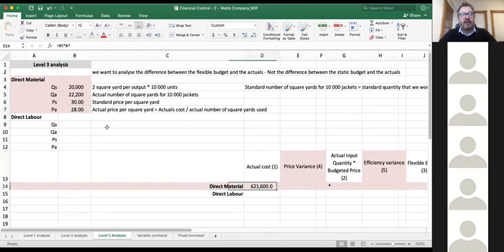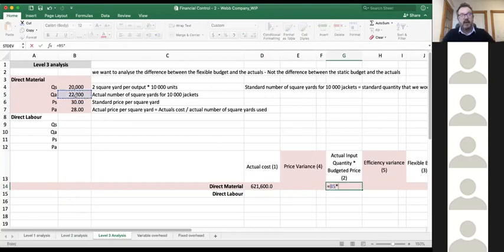Okay, so now I go here. So what is actual cost? It's QA times PA. What is the actual input quantity times budgeted price? So QA times PS.